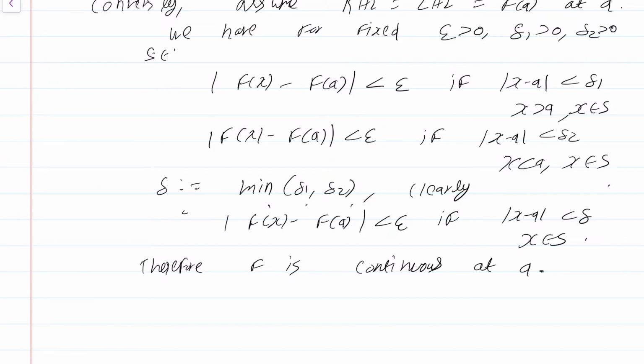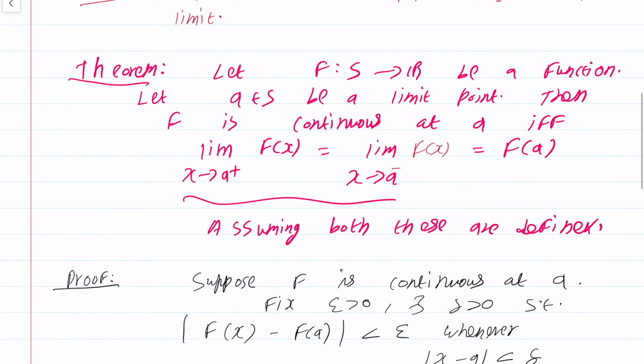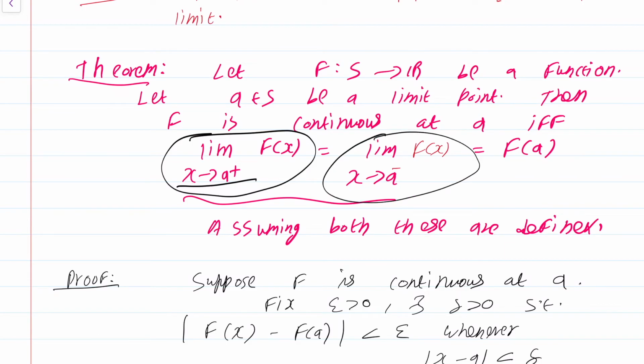Now, if it turns out that only one of these limits is defined, let's say this limit is defined, then it is sufficient to show that this limit is equal to f of a. Similarly, if only this limit is defined, it's sufficient to show that this limit is equal to f of a. Then the function will be continuous.